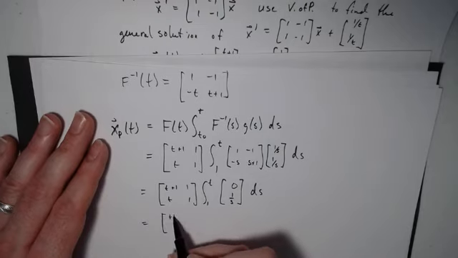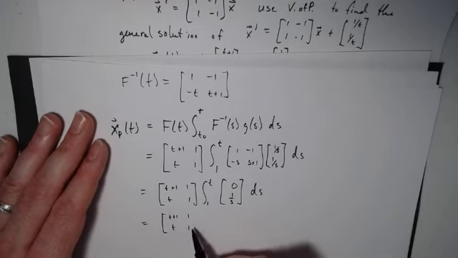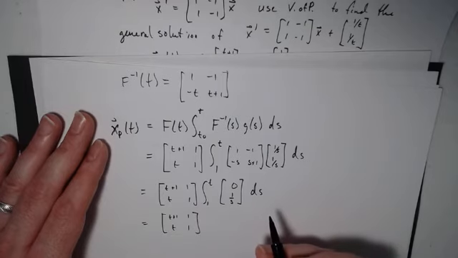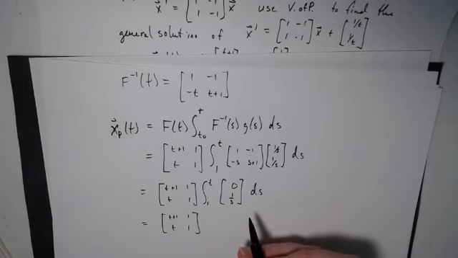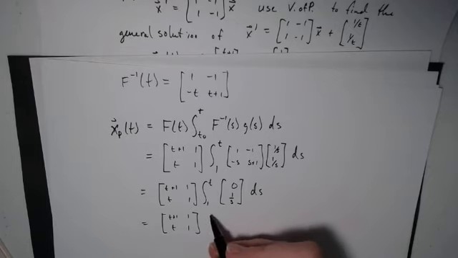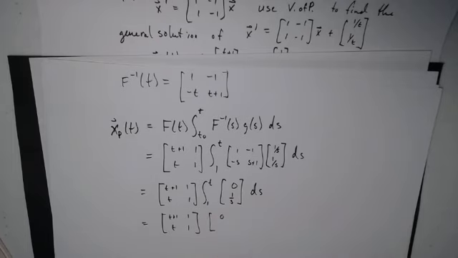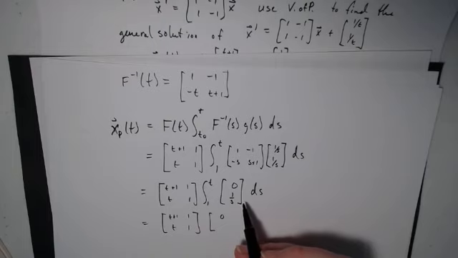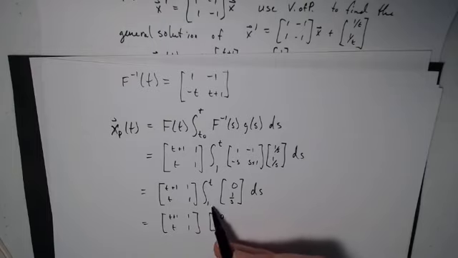So this is t plus 1, 1, t, 1. The integral of 0 is just going to be a constant, right? And then a constant evaluated between t and 1 is going to be 0 again. And then the integral of 1 over s is going to be the natural log of t minus the natural log of 1. That was the good reason to start this at 1.